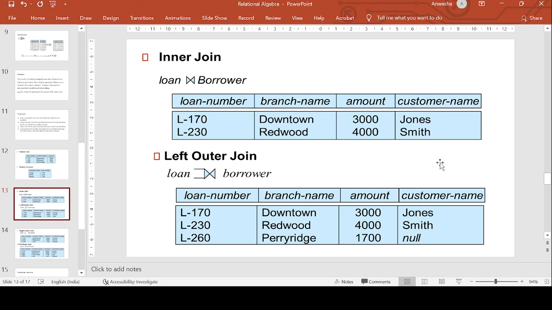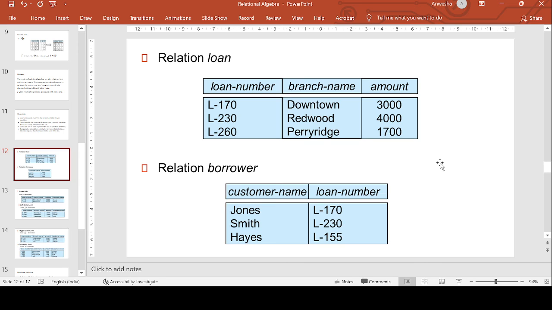Outer join can be left outer join, right outer join, or full outer join. First, left outer join. In left outer join, the left relation is considered, and all the tuples will be fetched from that relation. So from the loan relation, you will fetch all three tuples.